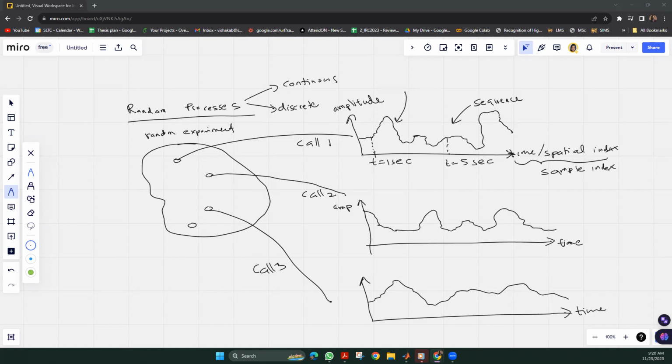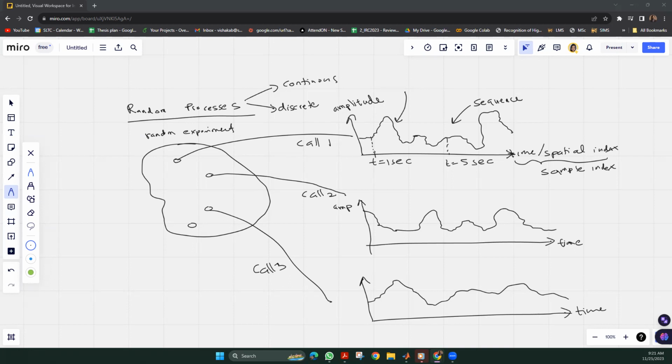So we will have a signal strength for all the time instances during that duration, and because of that we will have a continuous output for that call.